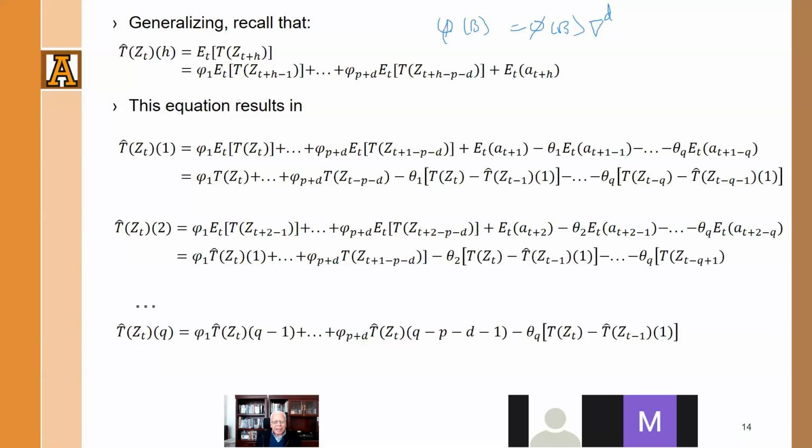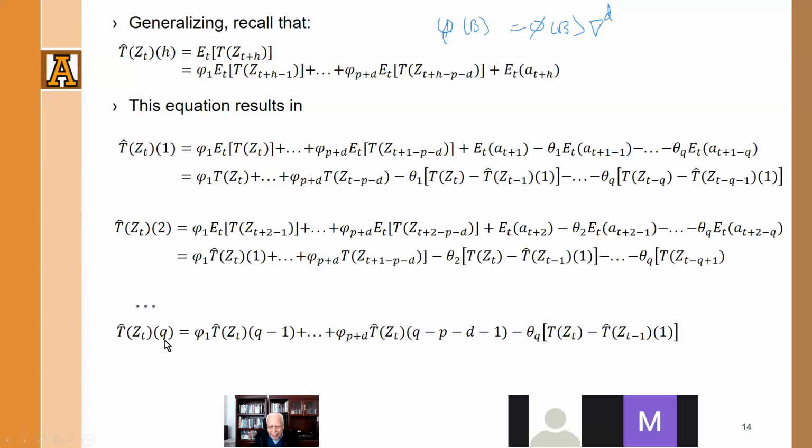All these forecasts, one period ahead, two periods ahead, three periods ahead, involve the coefficients of the model on the autoregressive part, including those multiplied by the differences, and also the moving average coefficients, theta 1, theta 2, theta 3, and so on, up to theta q.